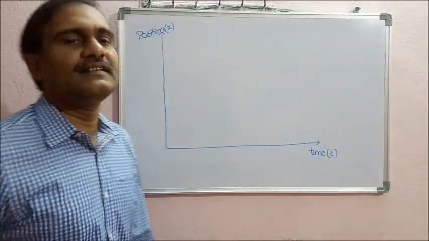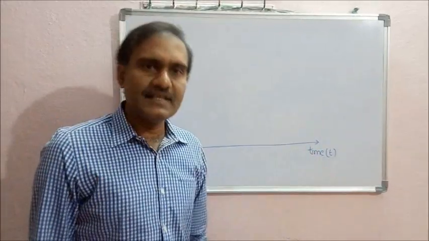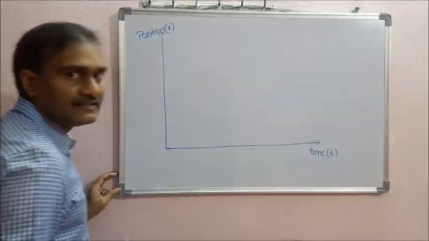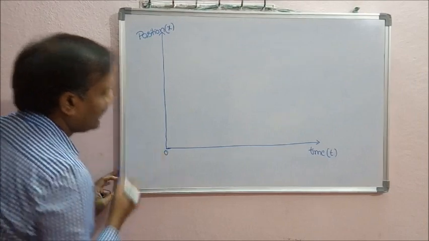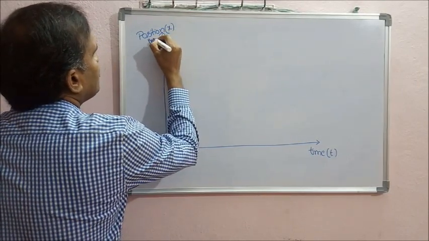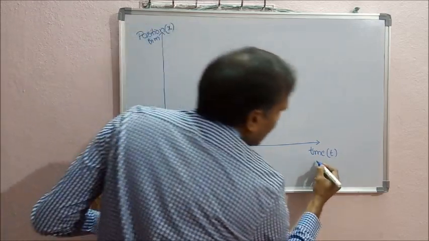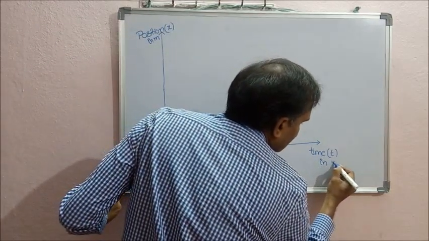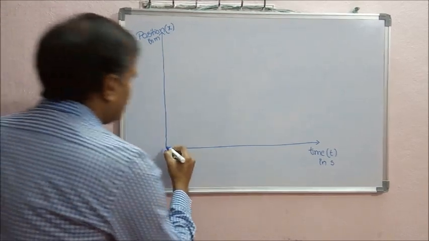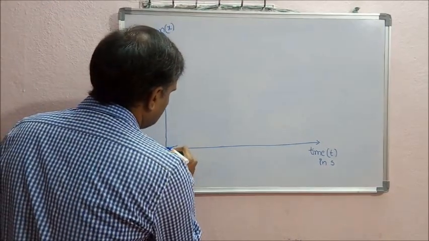Along the x-axis, the time interval is taken as t, two-dimensional coordinate system. Okay, it is origin. Position is in meters, and time is in seconds. Now, the graph is in this manner.